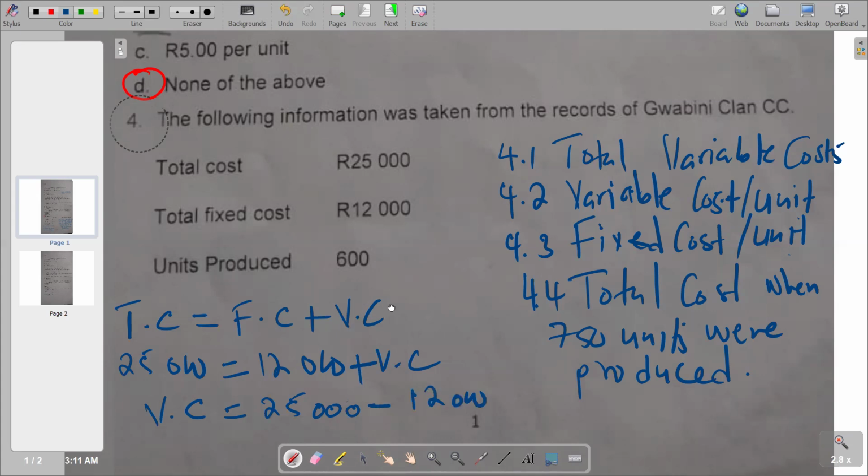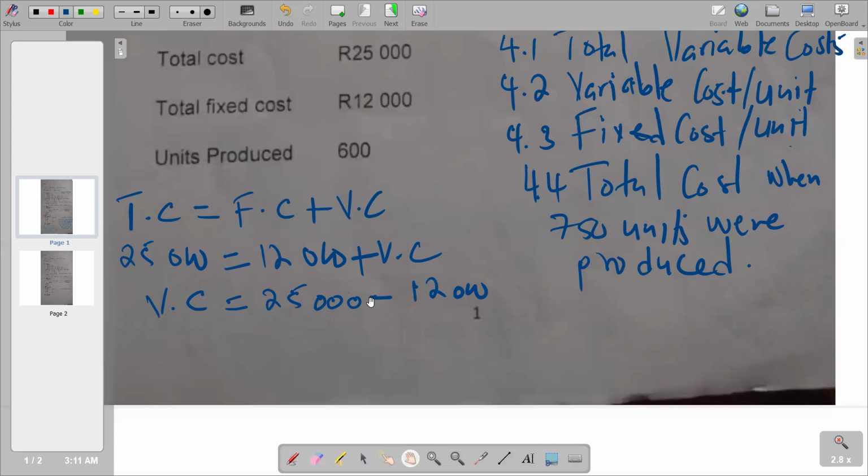Then you see what we get there. If you calculate, 25,000 minus 12,000, obviously you're going to get 13,000. So we have 13,000 representing our variable cost.